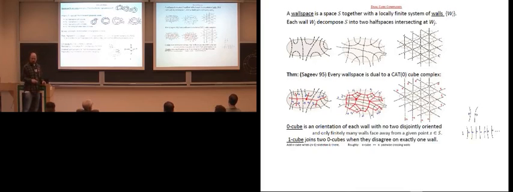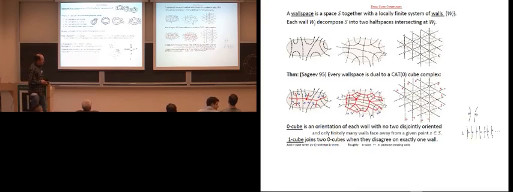Put a normal vector on each wall, either the normal vector pointing to this half space or the normal vector pointing to that half space. Okay? So a 0-cube is you're choosing a normal vector for each wall. So this 0-cube over here corresponds to that choice of all of those blue normal vectors for all of those walls.